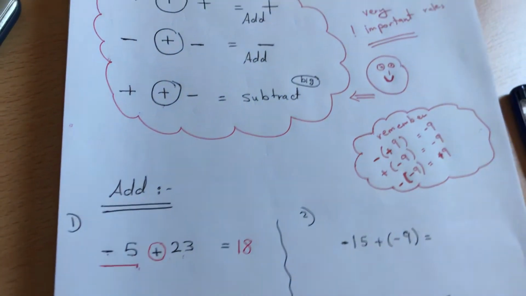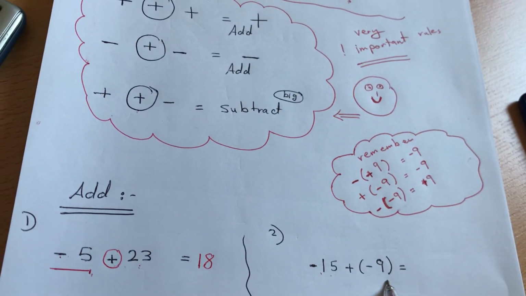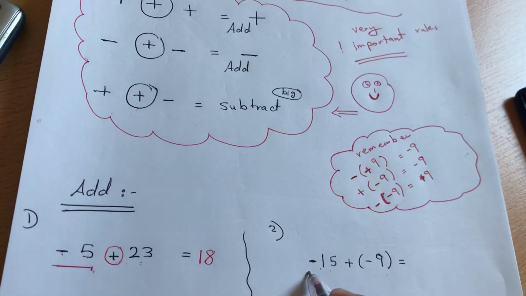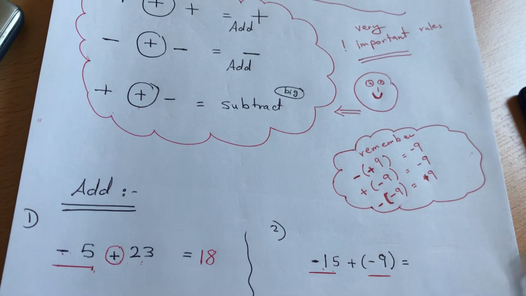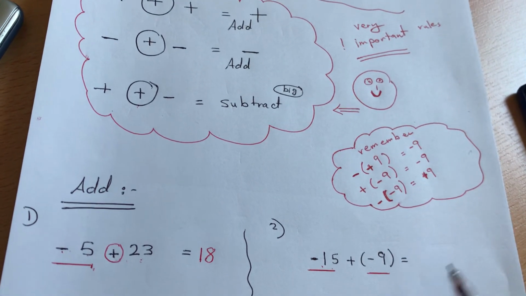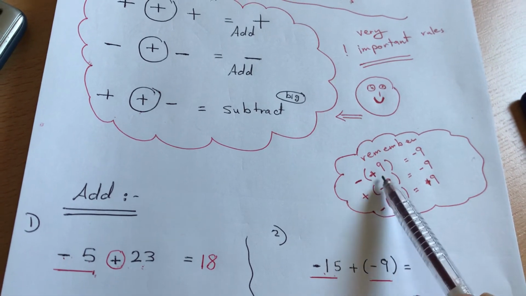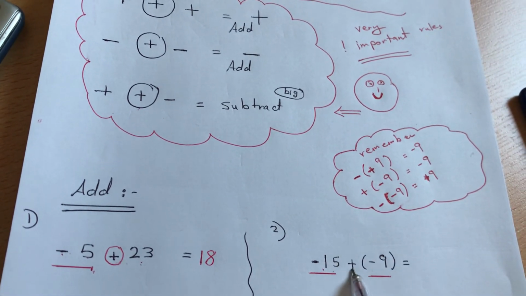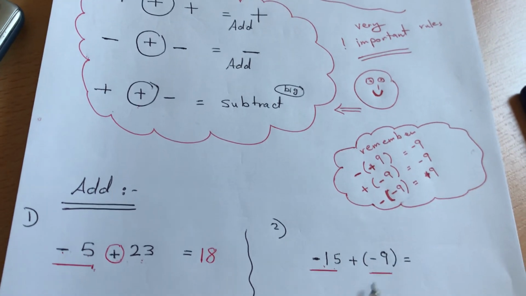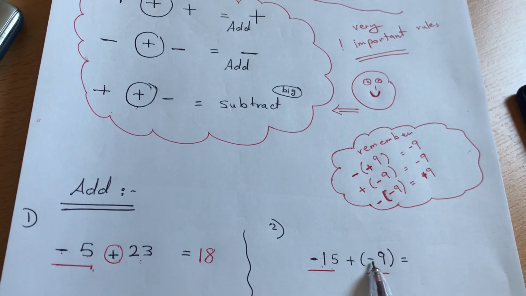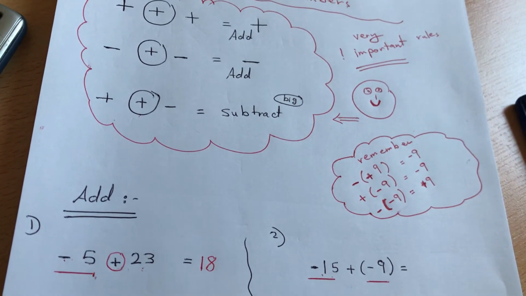Let's see another exercise, which is -15 plus -9. Here we have signs for every number, which is good. And here also, I don't want you to be confused, but this is the same as this one here: if we have positive and negative, the sign will be negative, which is shown here, that the sign is -9, and here the sign is negative for the 15.